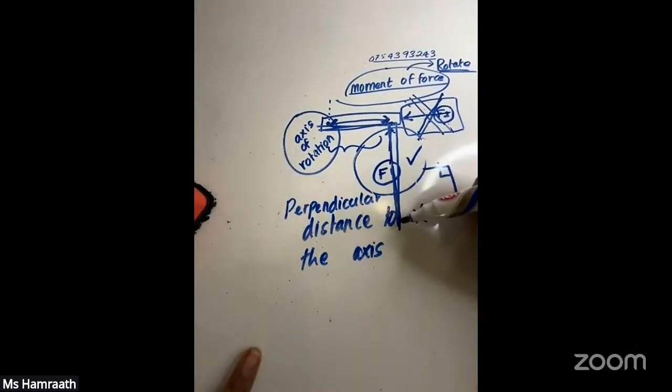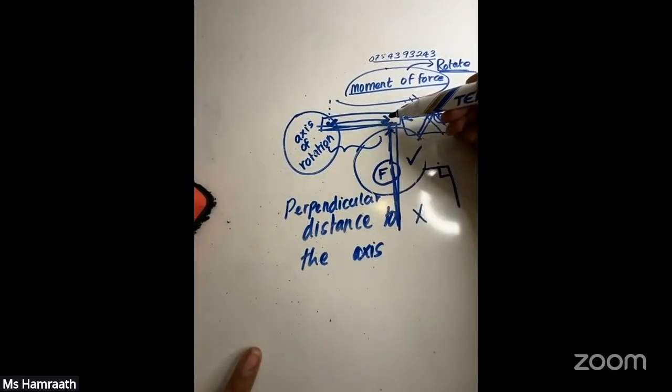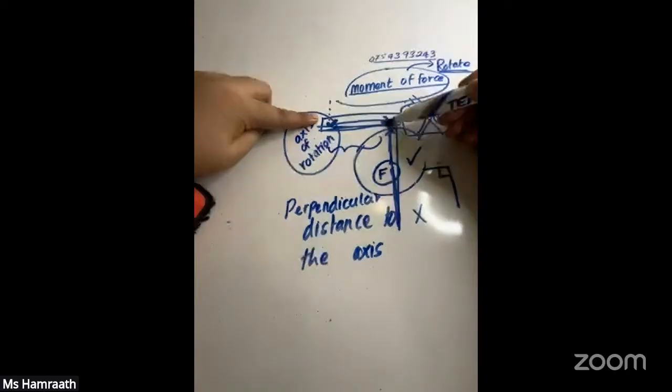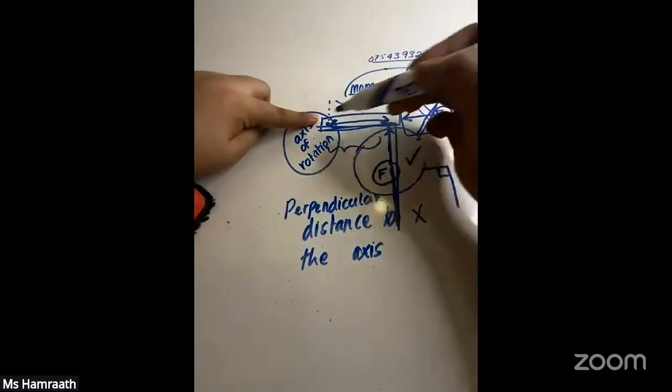So that means from the place where I give the force to the place of the axis of rotation, there is a gap, right? So that's the distance to the axis of rotation.